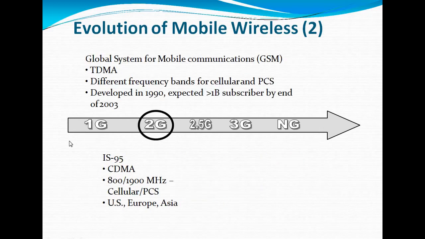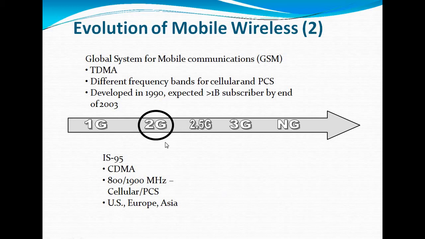So in the next generation, it used GSM, Global System for Mobile Communication. It used TDMA. They use different frequency bands for cellular and PCS. It was developed in 1990, and is expected to have less than 1 billion subscribers by the end of 2003.